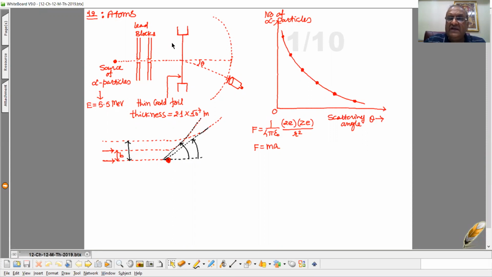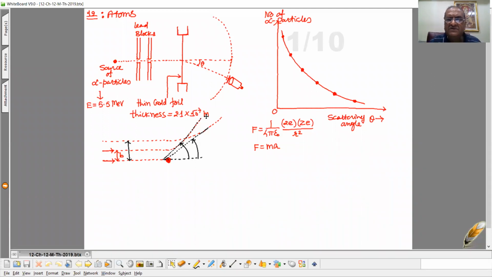So these types of observations were taken. Clear to all of you? Here the gold foil was taken very thin, with thickness 2.1 into 10 raised to minus 7 meter.